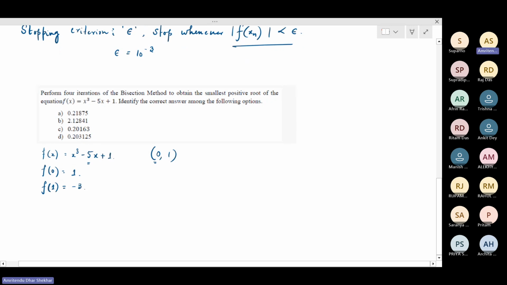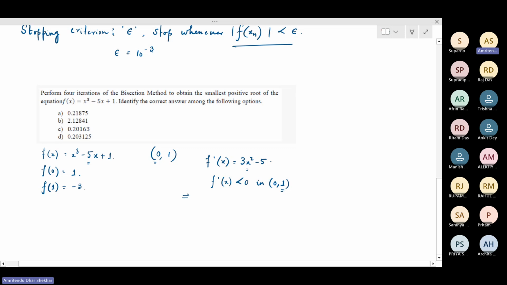Also, let us compute f dash x. f dash x is equal to 3x squared minus 5. Within the interval 0 comma 1, f dash x is negative. This guarantees that there exists a single root in 0 comma 1.